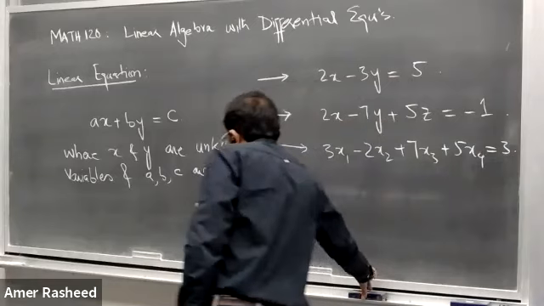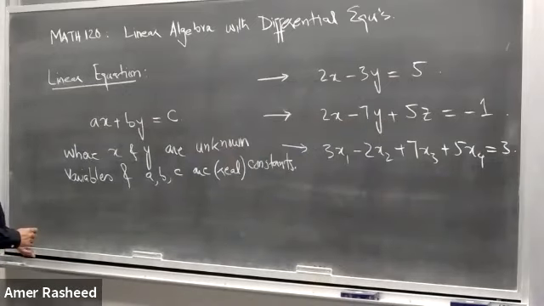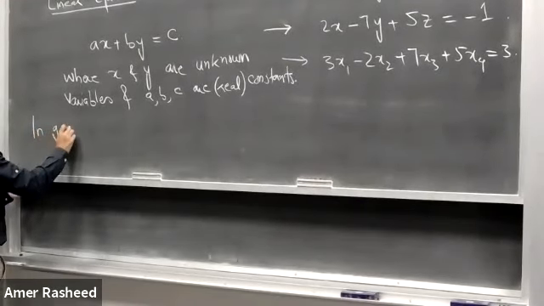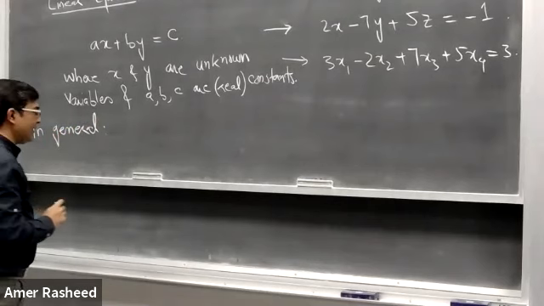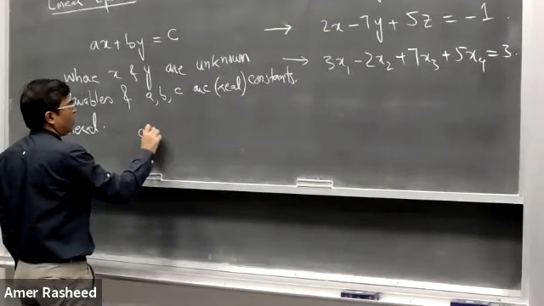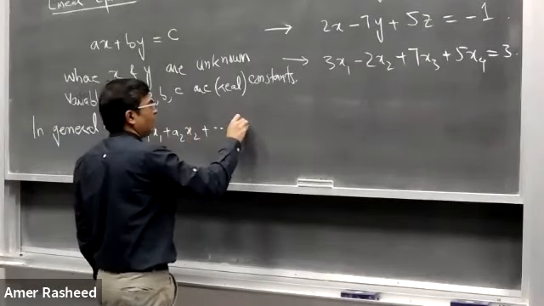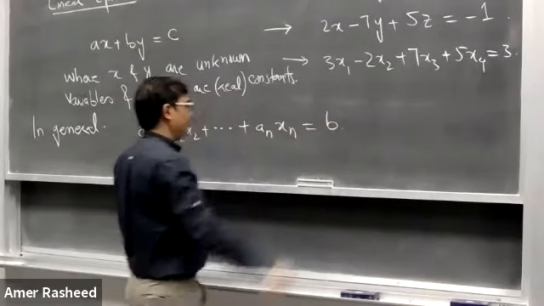And in general, we can write a linear equation in n variables. In general, a linear equation in n unknowns can be written in this form: a1 x1 plus a2 x2 plus so on plus an xn is equal to some constant b.